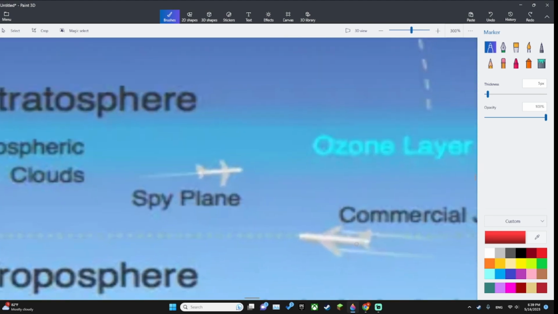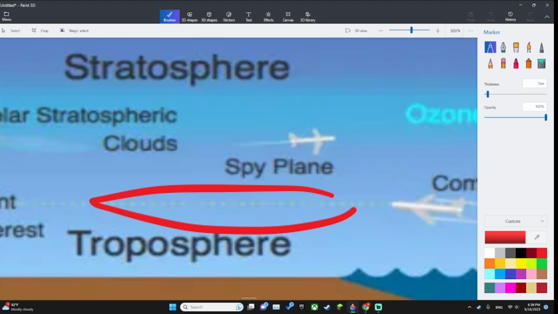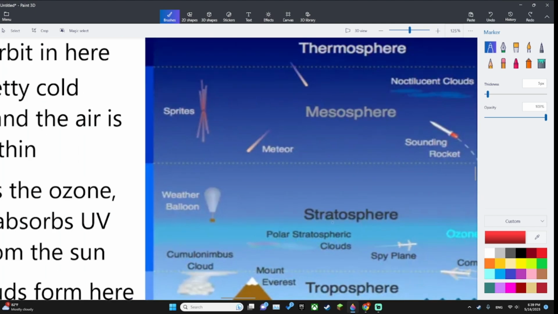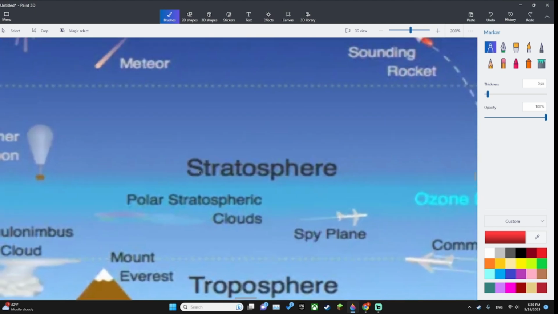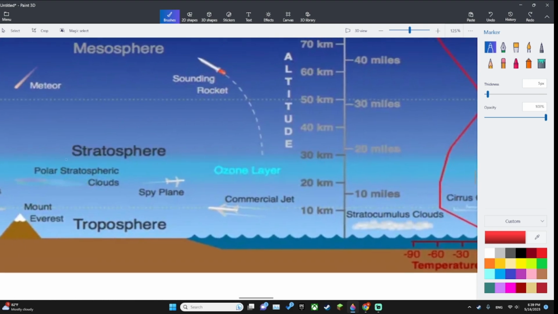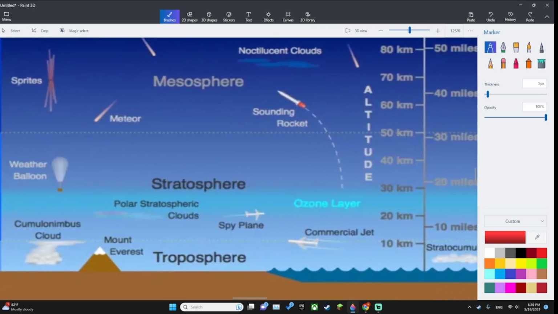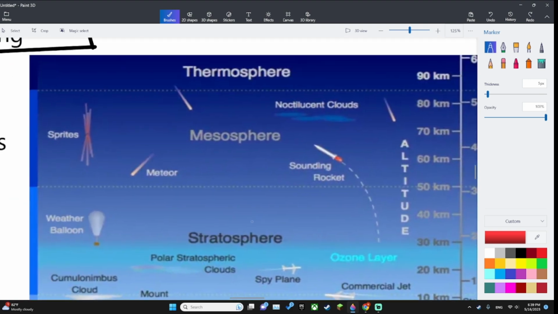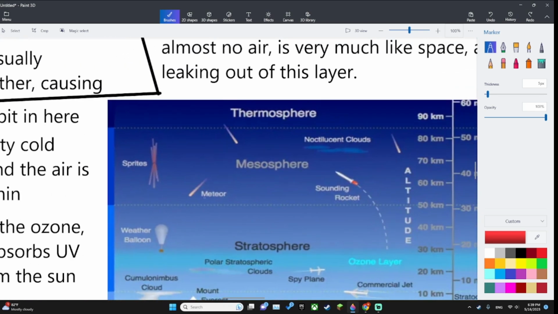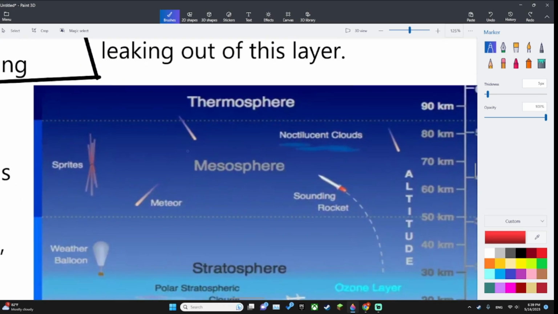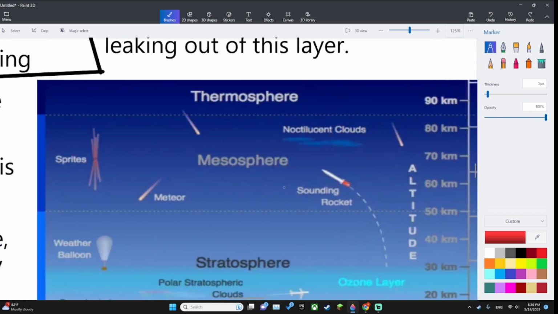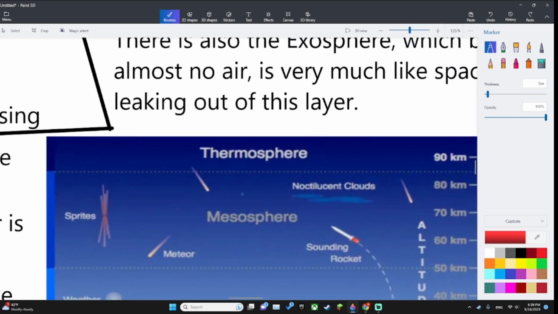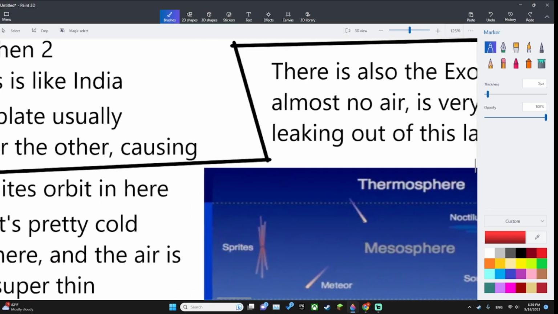Jets fly in the lower area of the stratosphere, upper area of the troposphere. There are some smaller clouds, but overall, clouds are mostly in the troposphere. There's the mesosphere. It's pretty cold here, and the air is pretty thin. Most meteors burn up here. There's the thermosphere.